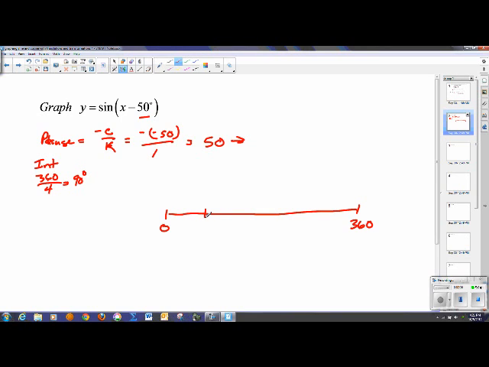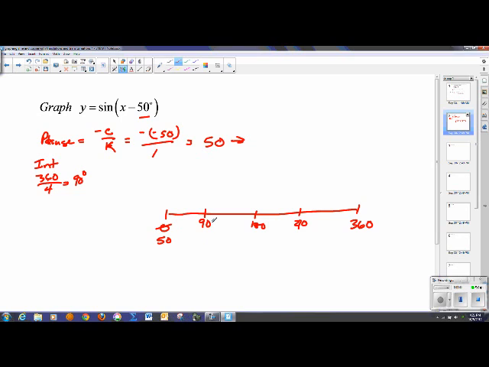So I'll label 90, 180, 270. Except in this case, my graph is going to be moved 50 to the right. So rather than starting at 0, I'm going to start at 50.